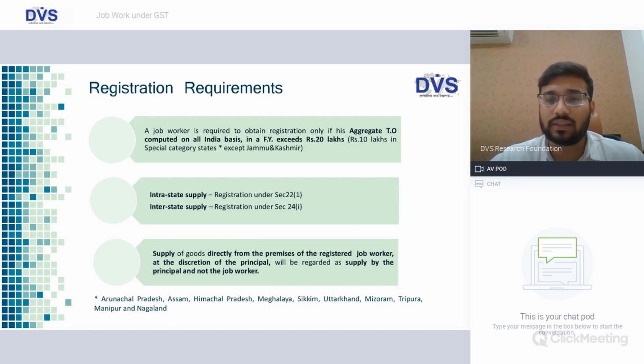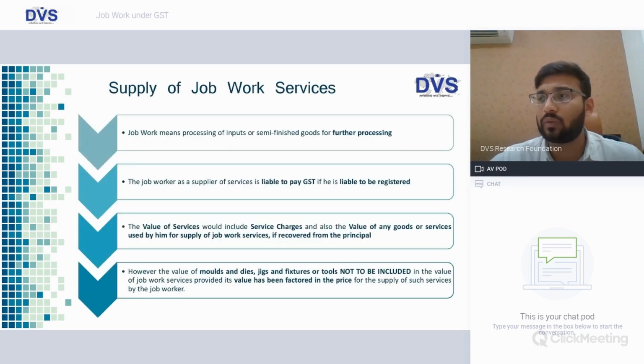So if a job worker is in these states, then 10 lakh would be the criteria for his registration. If not, it is 20 lakhs. Up to 20 lakhs, whatever job work services are provided by the job worker would be exempt. Over and above that would be taxable.